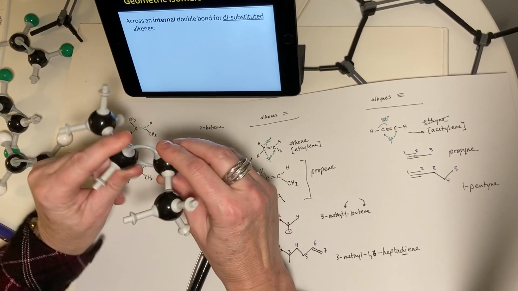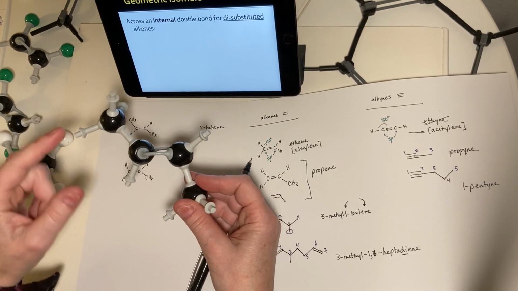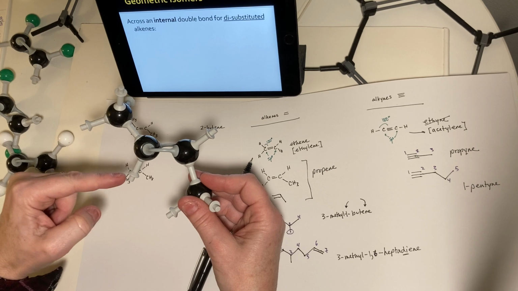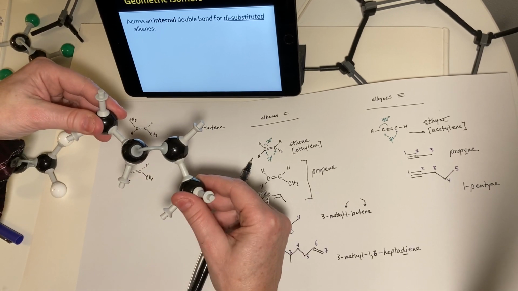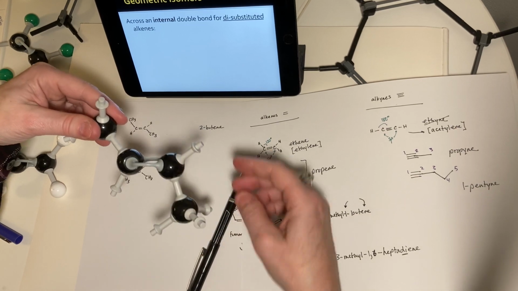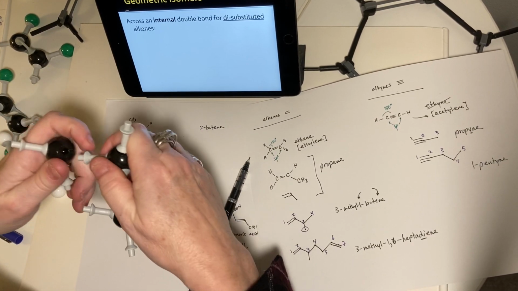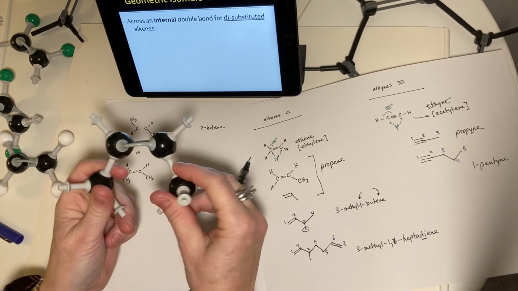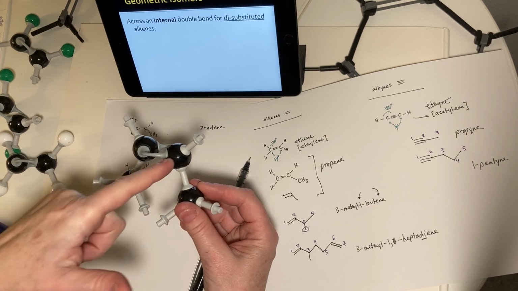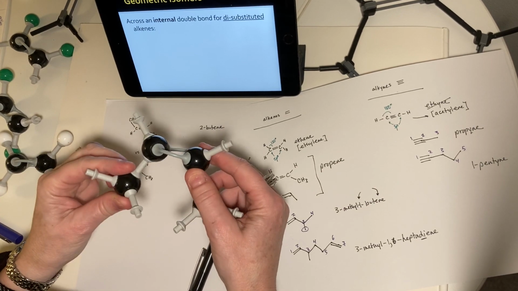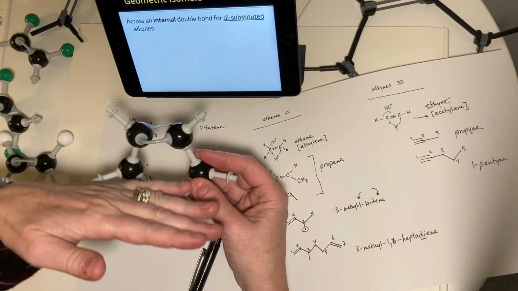I can't rotate around that double bond. So the placement of it where it used to be a hydrogen, the placement of this carbon and this carbon matters. Because if I broke this bond and instead attached it over here, this would also be 2-butene, 1, 2, 3, 4. But it sure has a different shape to it, doesn't it? It's like both of these carbons are down here.